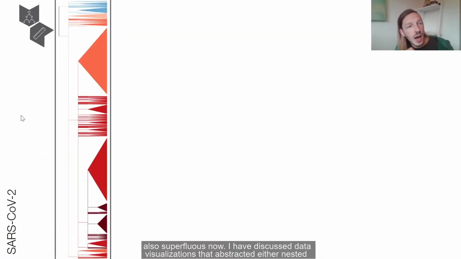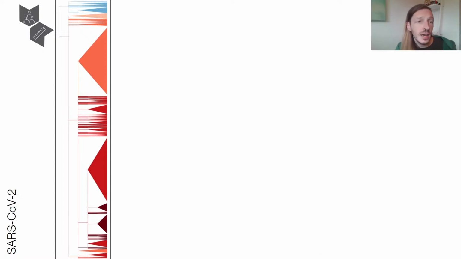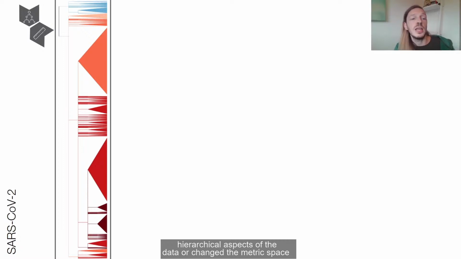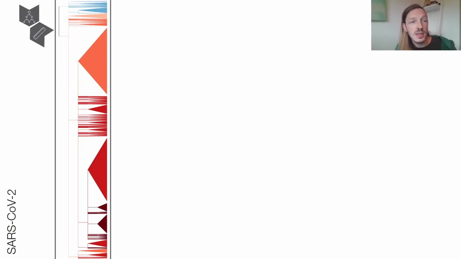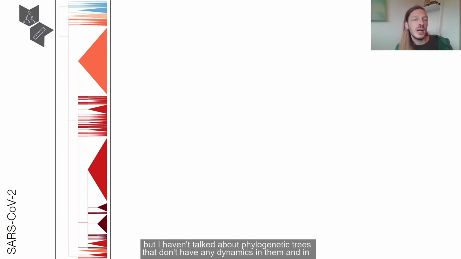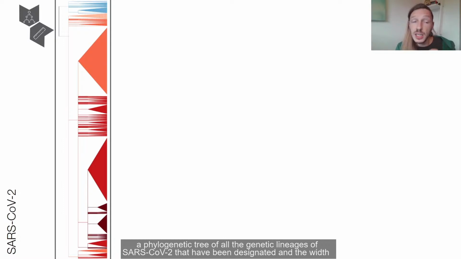Now, I have discussed data visualizations that abstracted either nested hierarchical aspects of the data or changed the metric space, but I haven't talked about phylogenetic trees that don't have any dynamics in them, and in fact those are possible. So what I'm showing you right now are essentially a phylogenetic tree of all the genetic lineages of SARS coronavirus 2 that have been designated.